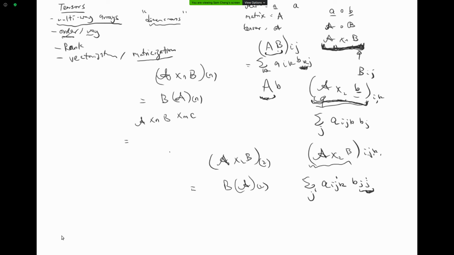So what I mean is, if I say associative, it would be A, B times C, and then I put a bracket here and a bracket here, and it is the same, right? But here I cannot put a bracket here. I cannot do this operation first, because it's not defined. The mode n multiplication is only defined when you have a tensor multiplied by a matrix.